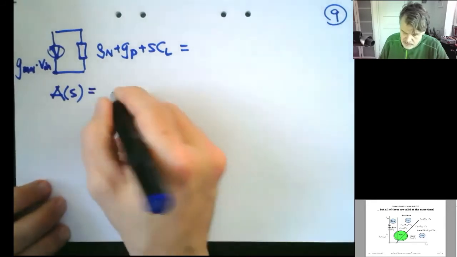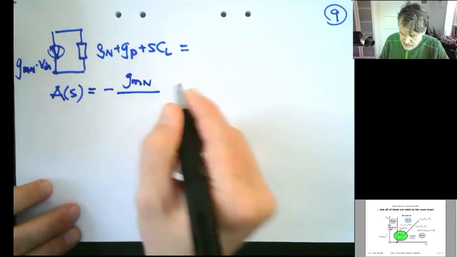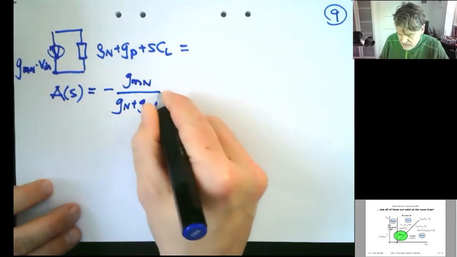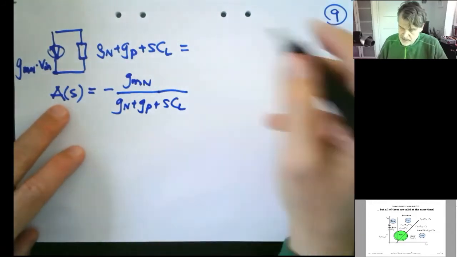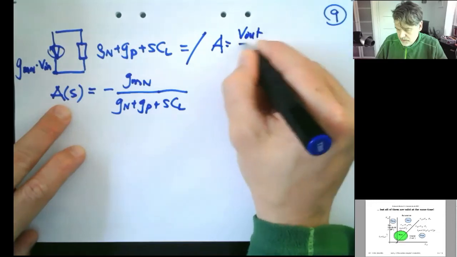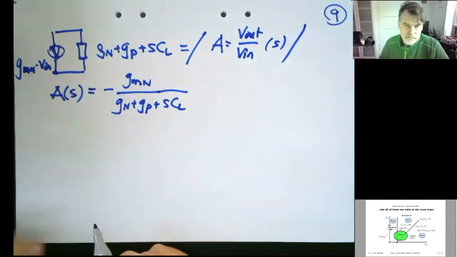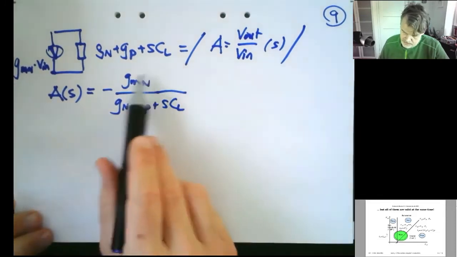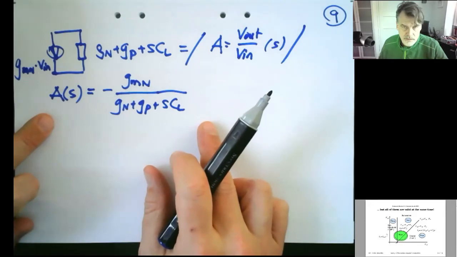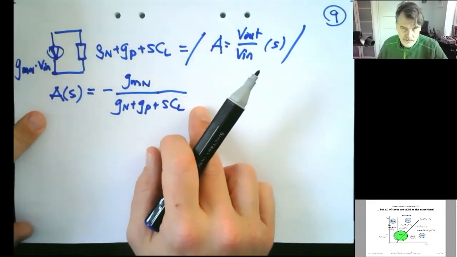That's going to be minus GMN divided by GN plus GP plus sCL. Why A? Well, I said that A is equal to Vout divided by Vin of s. All right, so this could be the answer to some extent. That's the gain of my transistor stage here.